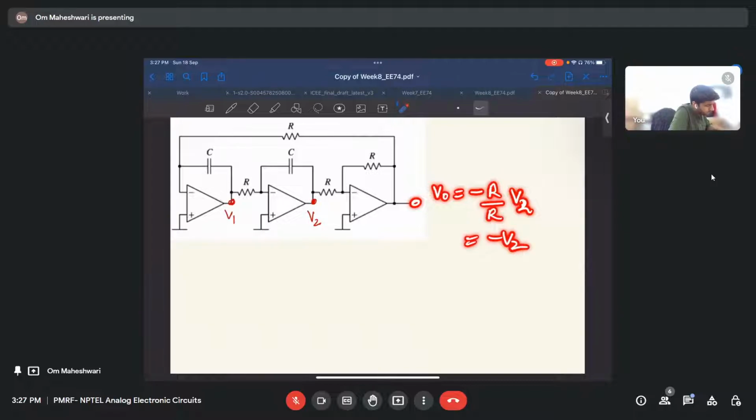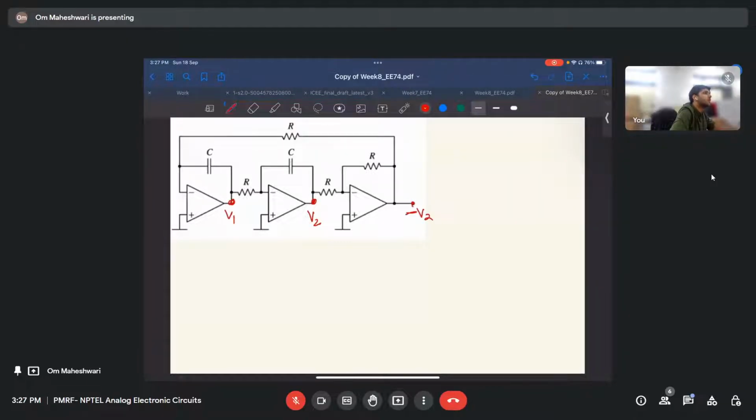That is minus V2. So the output here will be minus V2. Is it clear why it is minus V2? Because it is simply an inverting amplifier with both R and R.